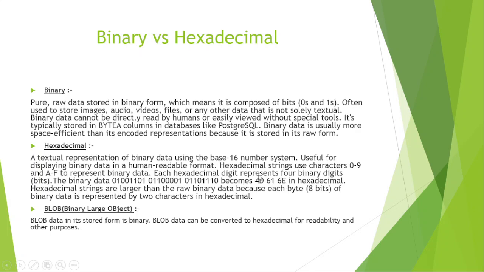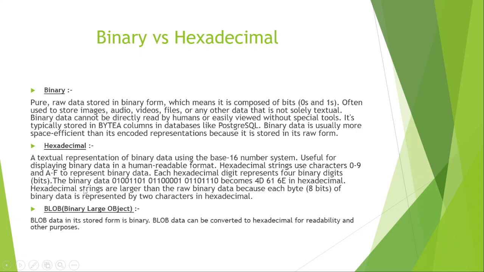So this is the hexadecimal representation of this binary data. This is not understandable, but it can be converted back into the original language that was stored in the raw form of binary.